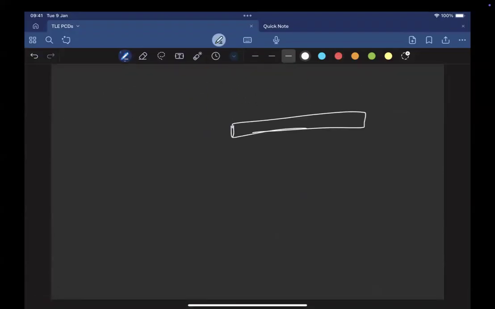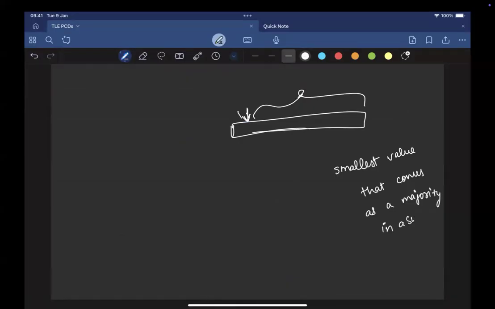All I want to do is, for every index, I just want to find out the smallest value that comes as a majority element in a subarray. Yeah, it must happen something like this.